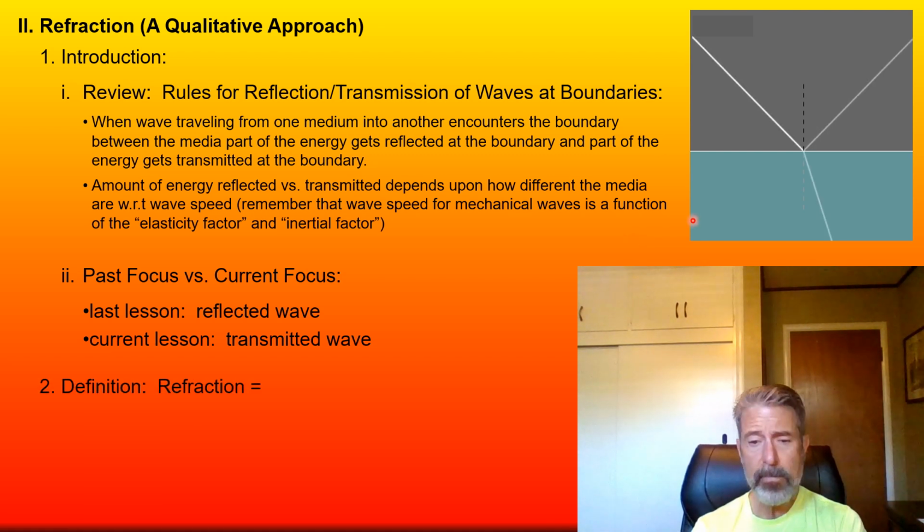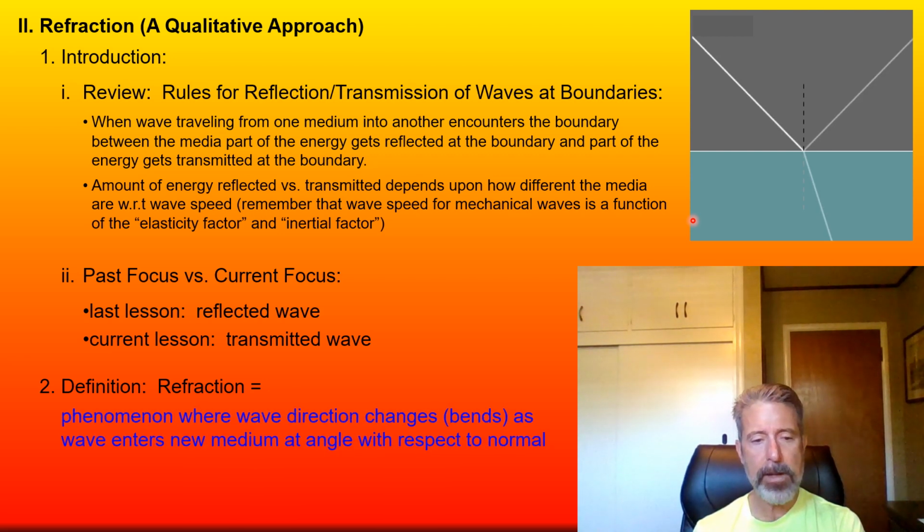And let's now define this concept of refraction. Refraction can be thought of as the phenomenon where the wave direction changes as the wave enters a new medium at some angle with respect to the normal.